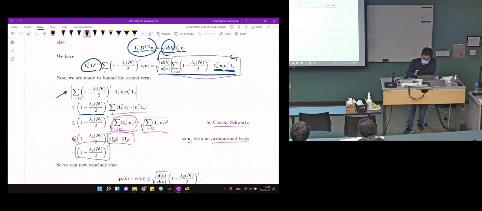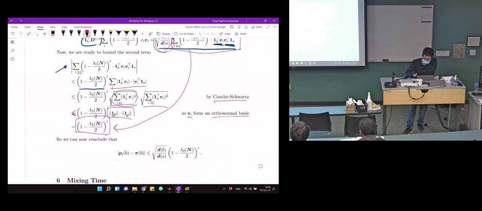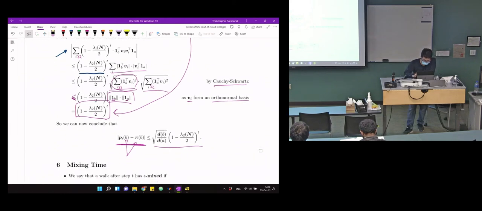So this term is just this term, and you still cannot forget this scalar. So now we have that the deviation from the stable distribution at vertex B is at most this. Okay, good.